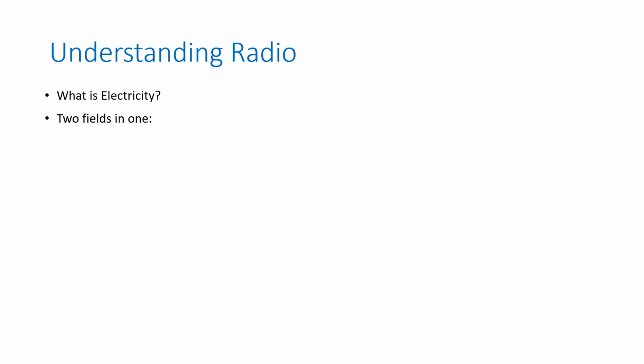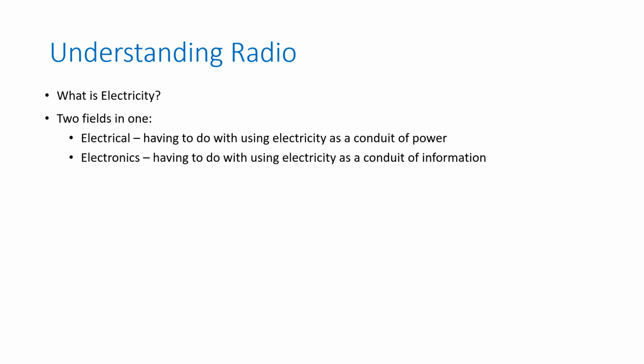Okay, within the world of electricity, I see it as two fields in one. The electrical world is where we're using electricity as a conduit of power to power up a saw or a fan or a light. Then there's the world of electronics.